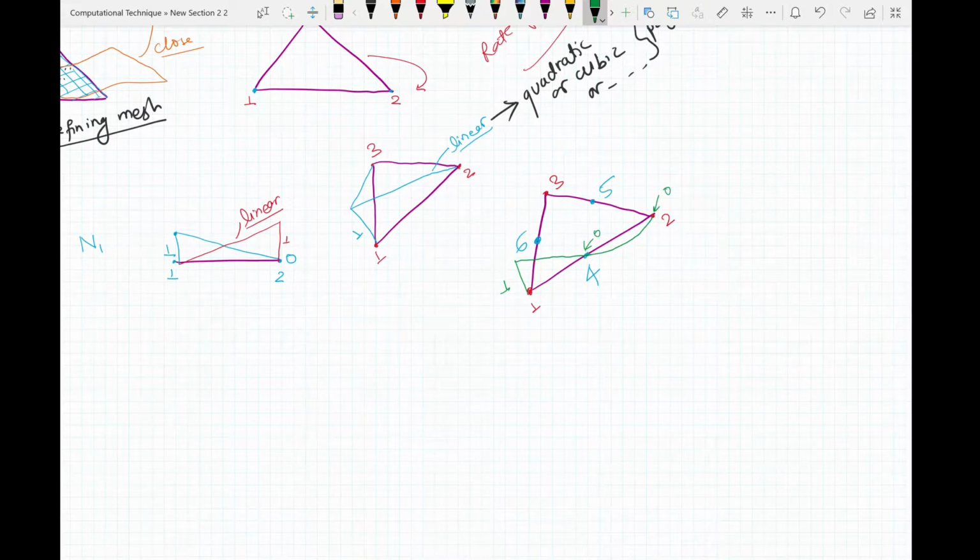Similarly, in this direction as well, it is 0 here, it is 0 here. Now since it is 0 and 0 here, it is automatically 0 at 5. So you see that except node 1, where its value is 1, all the other nodes have the value 0.